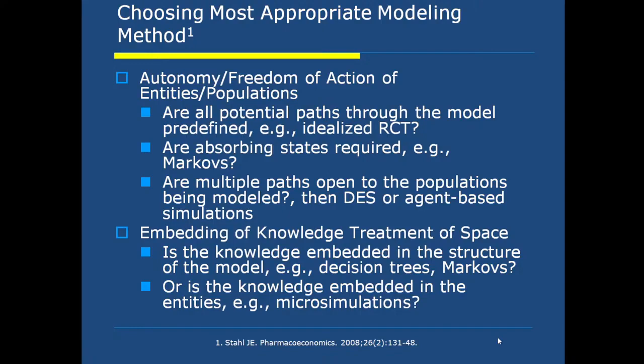Then discrete event simulation or agent-based simulation should be used. Embedding of knowledge. Is the knowledge embedded in the structure of the model? Then decision trees and Markov models should be used. Or is the knowledge embedded in the entities? This means we should use microsimulations.